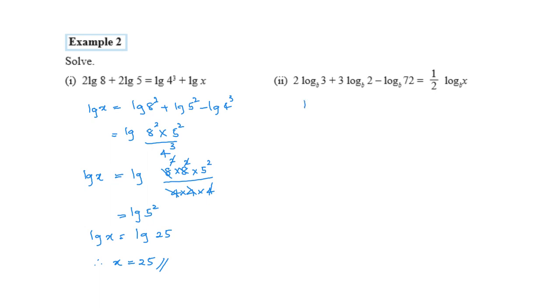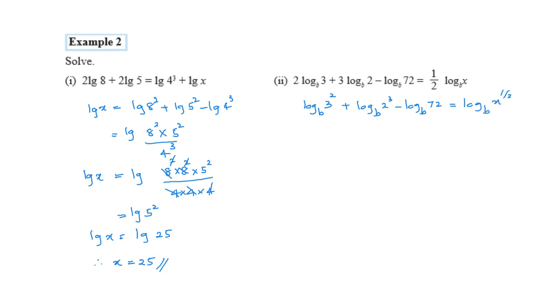Next, you have to find x here. So we can write log base b of 3 squared plus log base b of 2 cubed minus log base b of 72 equal to log base b of x to the power half.